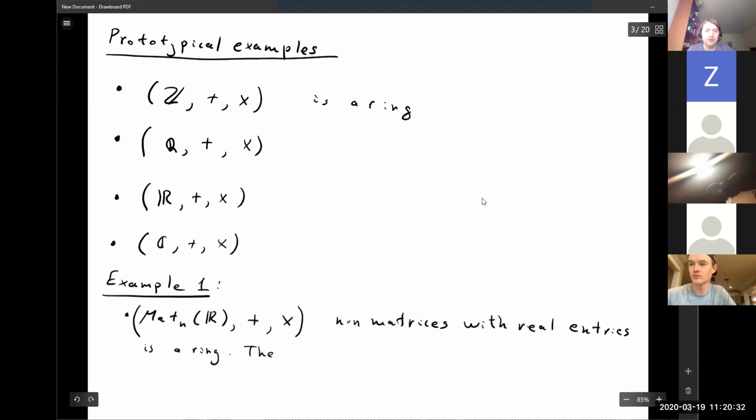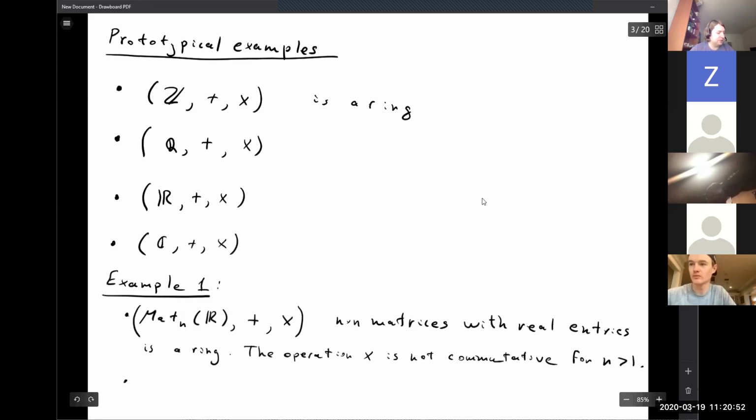Well, you all know that the operation times is not commutative for n greater than 1.